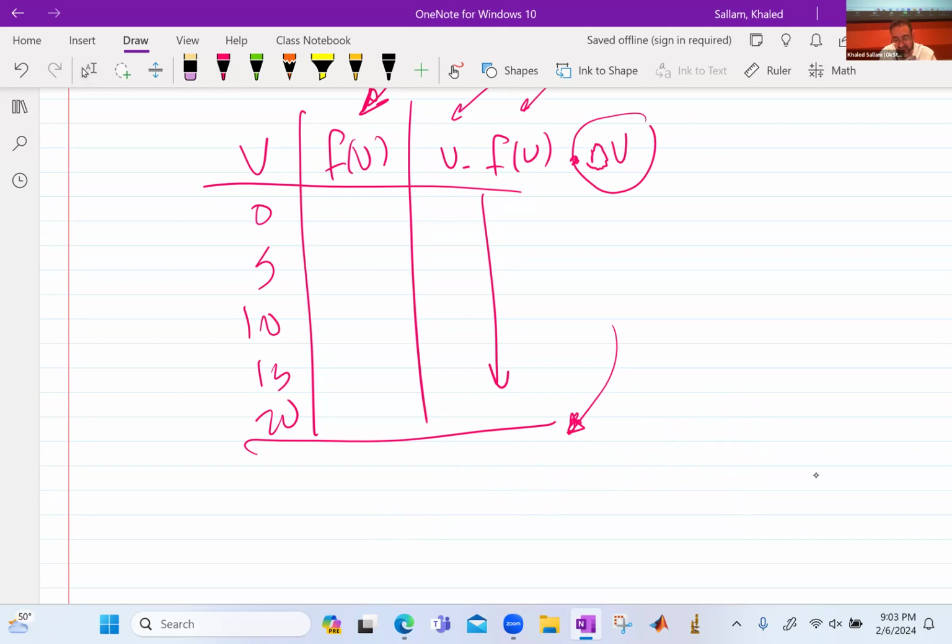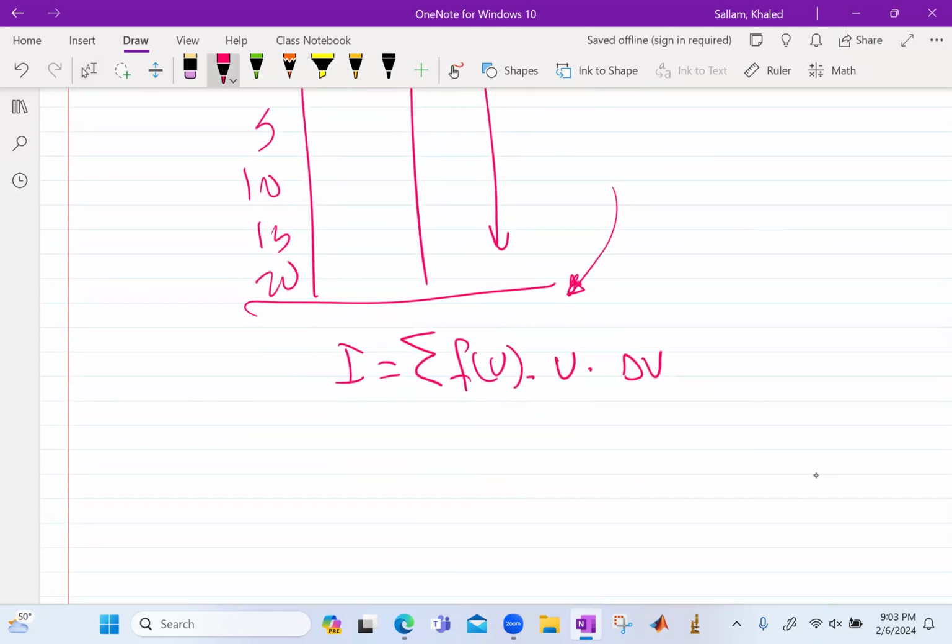So let's write this. The integration is f of v multiplied by delta v, and you are summing it. If you want to take it outside the summation, that is okay. If you want to put it inside the summation, that's fine too. So this is okay, and this is okay, and this will give me v mean.